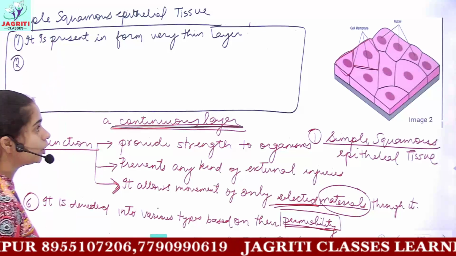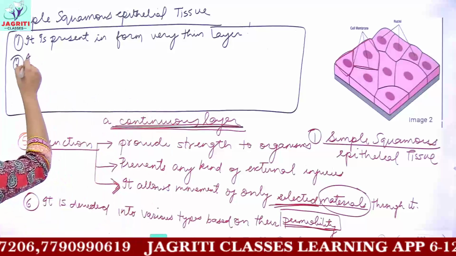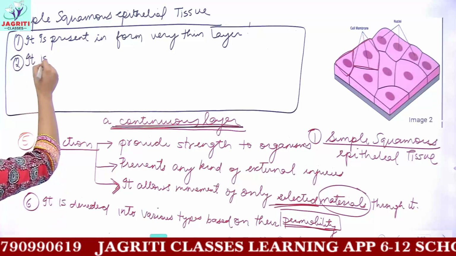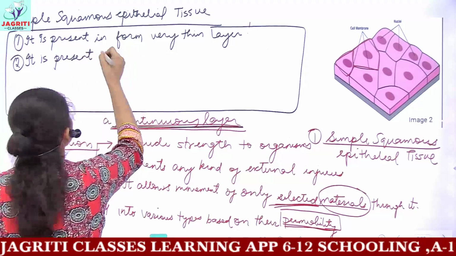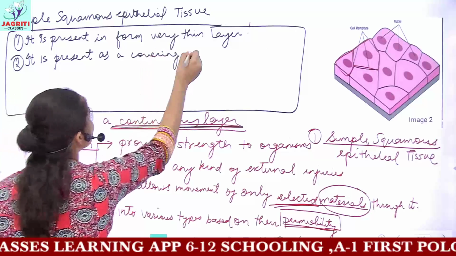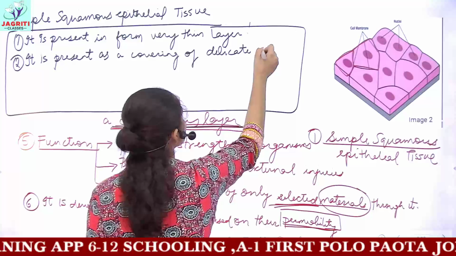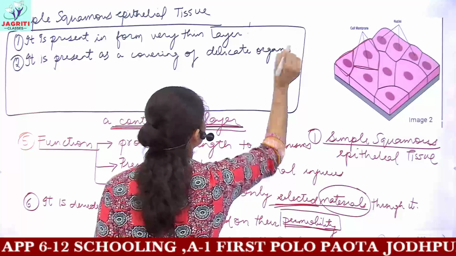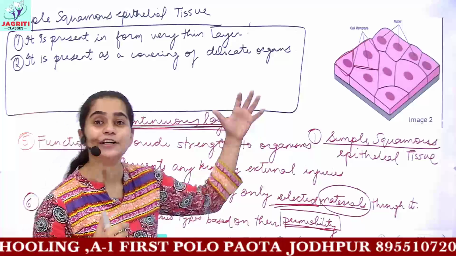The next is where this simple epithelium is found, or its function. So we say that it is present as a covering of delicate organs. So this protects your delicate organs present inside your body.